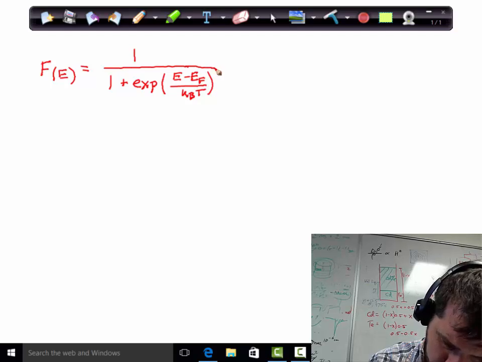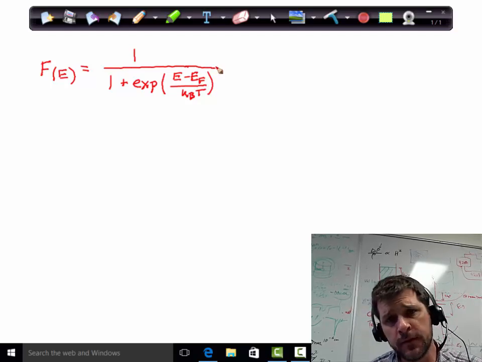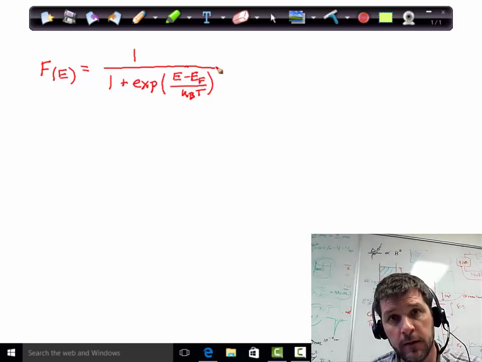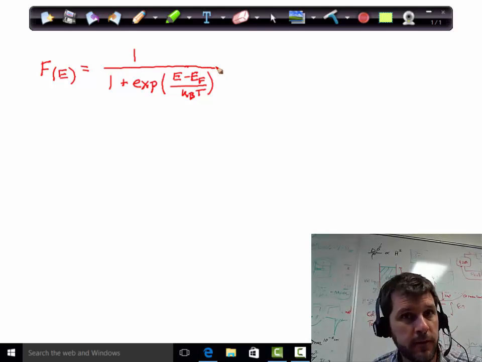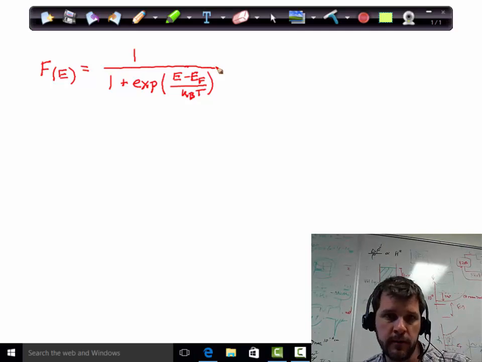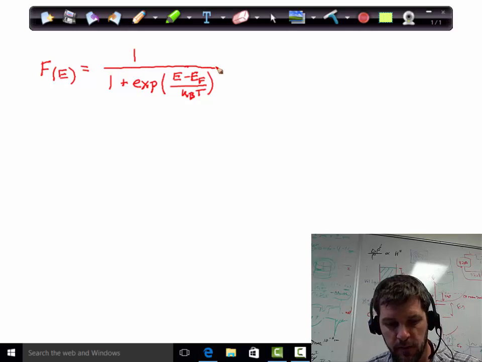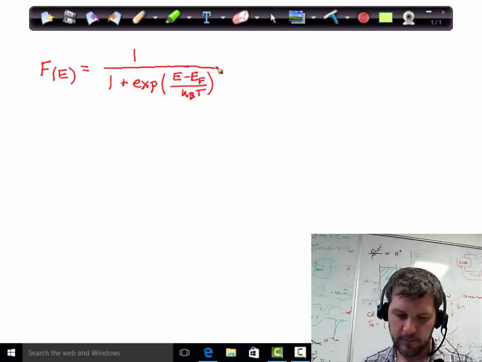So kB is the Boltzmann constant. In joules per Kelvin, its value is about 10 to the minus 23, and in electron volts, it's about 8 times 10 to the minus 5 electron volts per Kelvin.